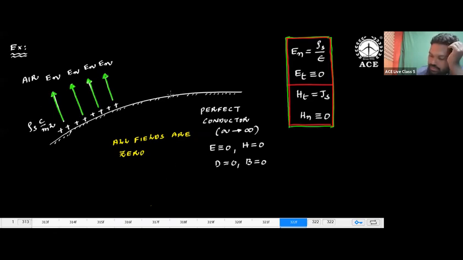Suppose the current flow is happening like this. This current flow is J_S, beta. J_S units are ampere per meter. If the current is flowing like this, the magnetic field is like this.